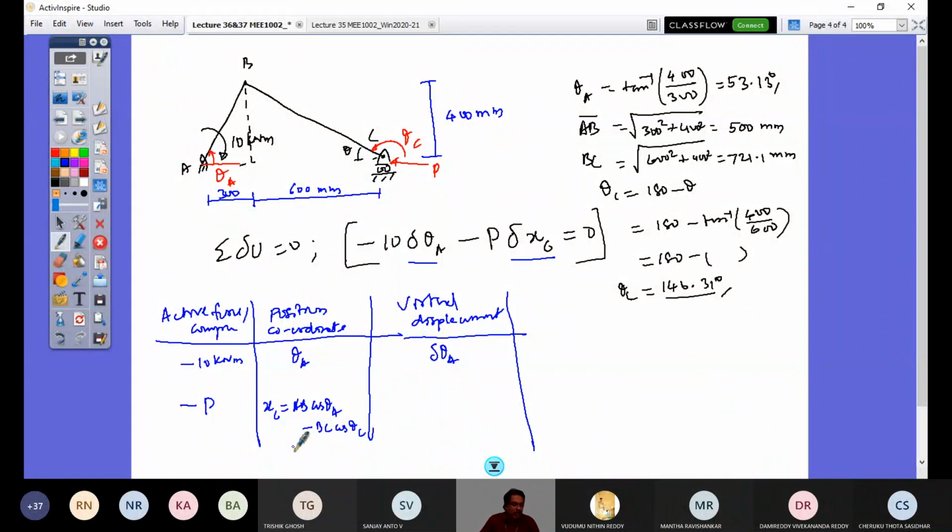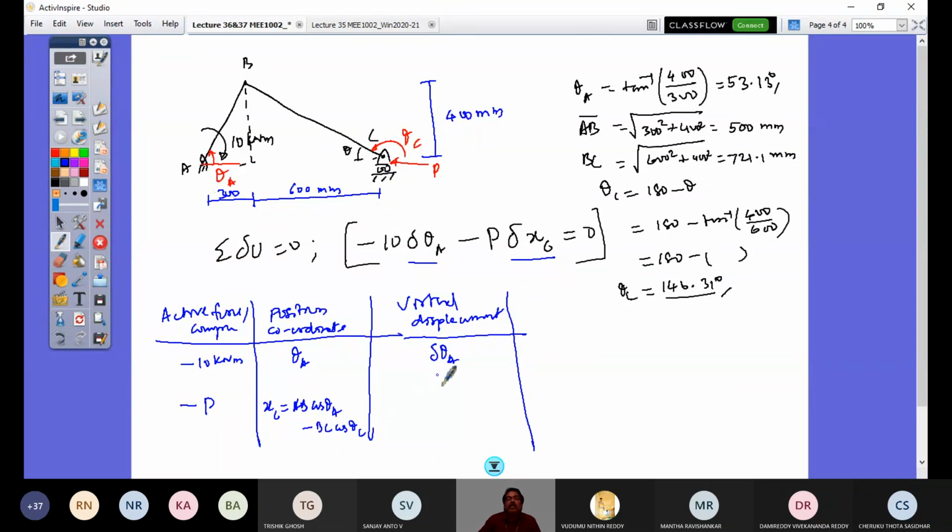Why is it a minus sign? Because theta C is, as per this, an obtuse angle. So cos of an angle greater than 90 is a minus value, minus of minus becomes plus. So I will get this distance, this coordinate. So this is my XC coordinate.